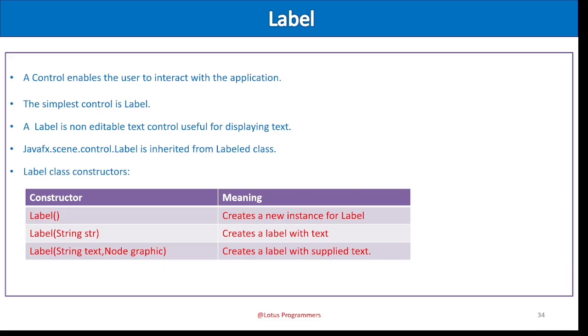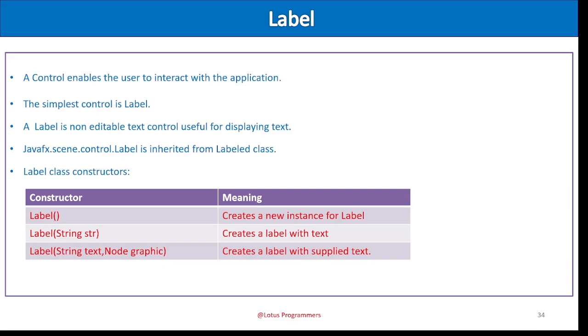There are three different constructors which are defined in the Label class. The first constructor is Label without arguments. It creates a label control without any name. The second constructor, Label with a String argument, creates a label with text that acts as the label text for the label control.